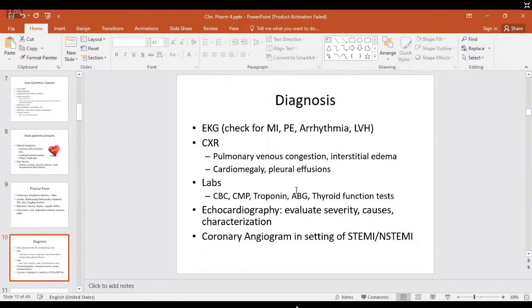Labs, troponin, arterial blood gases, thyroid tests, they're all important. The complete blood count cannot show us really anything related to heart failure, but troponins are important. Also, echocardiography to assess the left ventricular ejection fraction, whether it's above 50% or whether it's reduced. Also, we didn't mention that there is an ejection fraction between 40 and 50%.